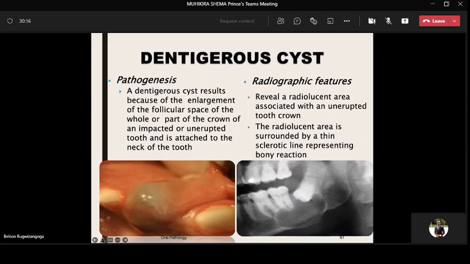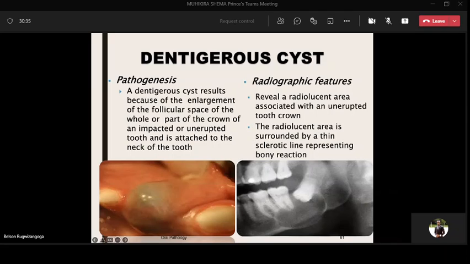So we have a cyst here. This is an impacted tooth. You see that it has not erupted on the surface. It is still inside there, and there is a cyst around it, around the neck of that tooth. So this is the root of this normal tooth. The neck should be around here.